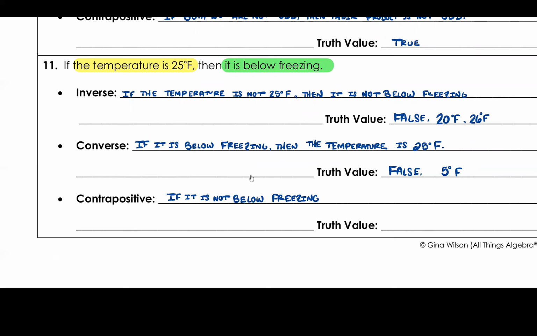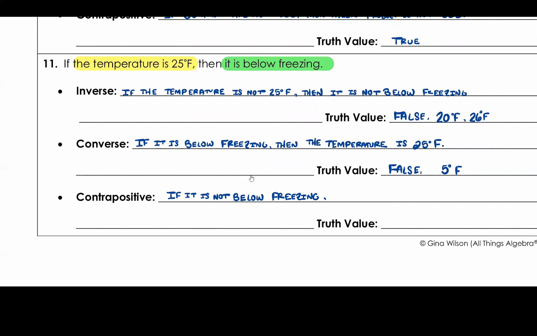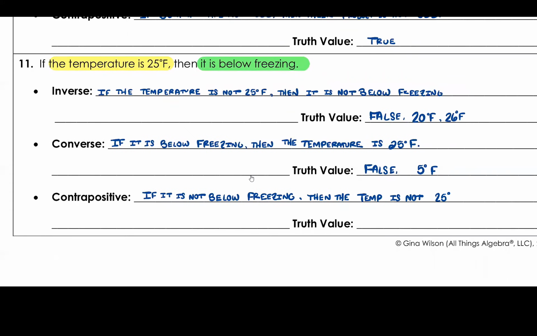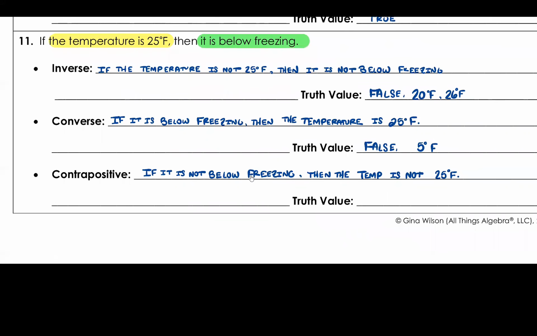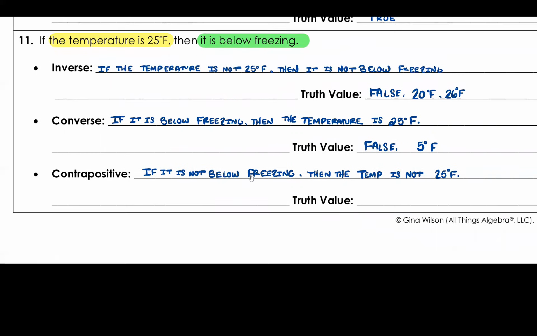If it is not below freezing, remember the negation, we just throw the word not in there, then what? Then the temperature is not 25 degrees Fahrenheit. Is that true? It's a tricky one. If it's not below freezing, then it's not 25 degrees. True. Why? Because 25 degrees is below freezing, my man.